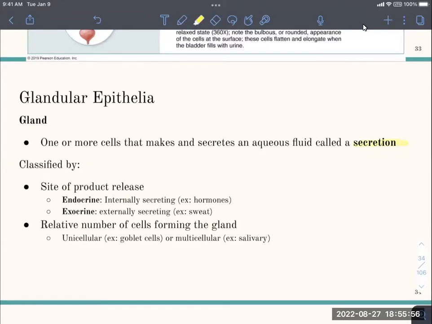How do these cells release their product? We have endocrine. They're secreted internally. They usually end up in the bloodstream, like hormones. We have exocrine. They secrete externally, like sweat. They come out to the skin surface.